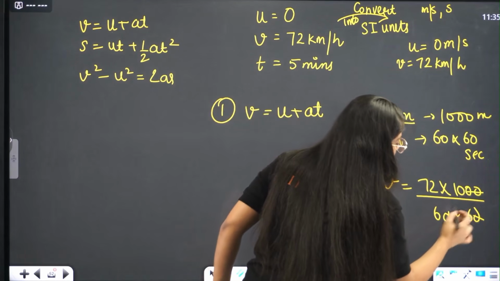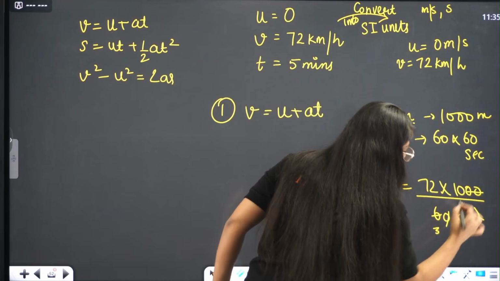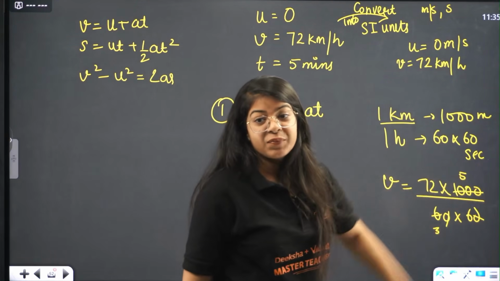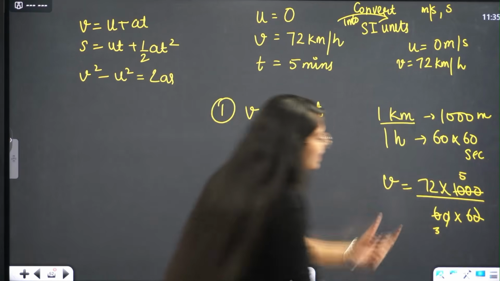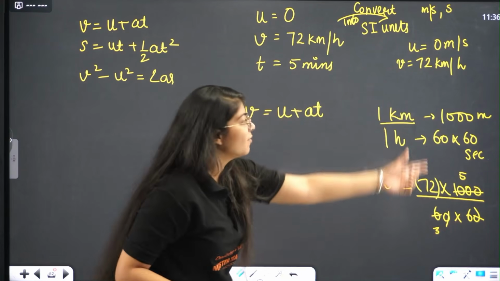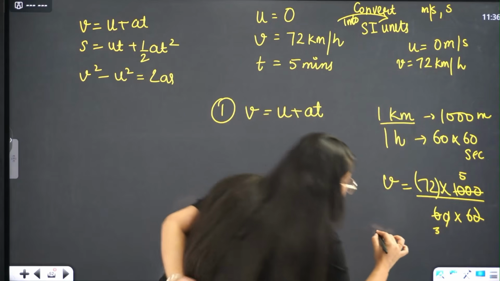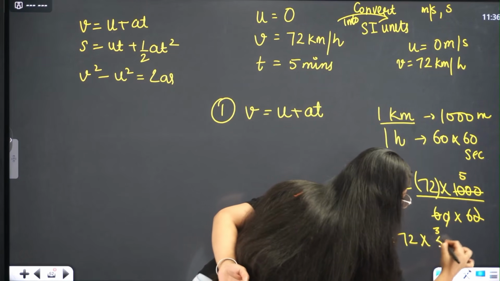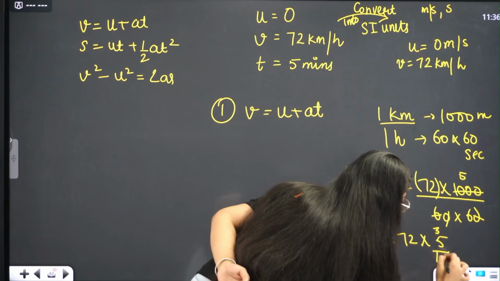This cancels out and this becomes 3 and this becomes 5. 2 3s are 6, 2 5s are 10. Now, very important thing. Just leave this 72 out, the exact value that was given. Simply multiply 72 with 5 divided by 3 into 6 is 18.